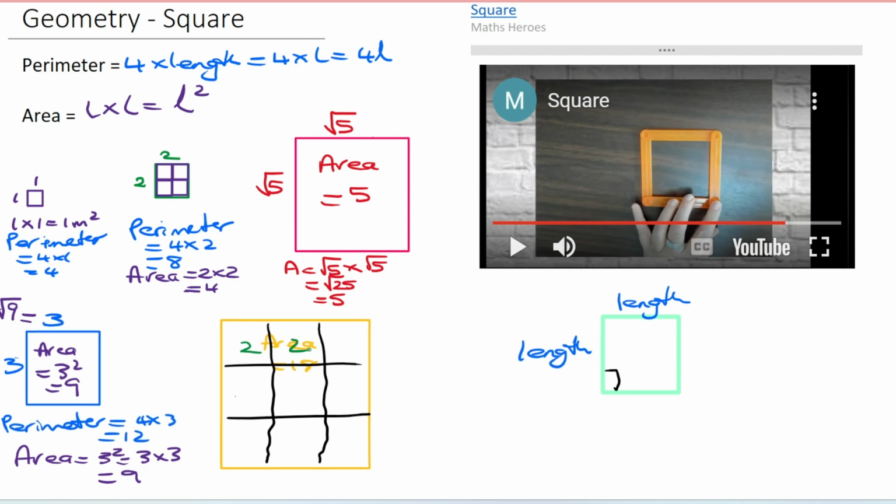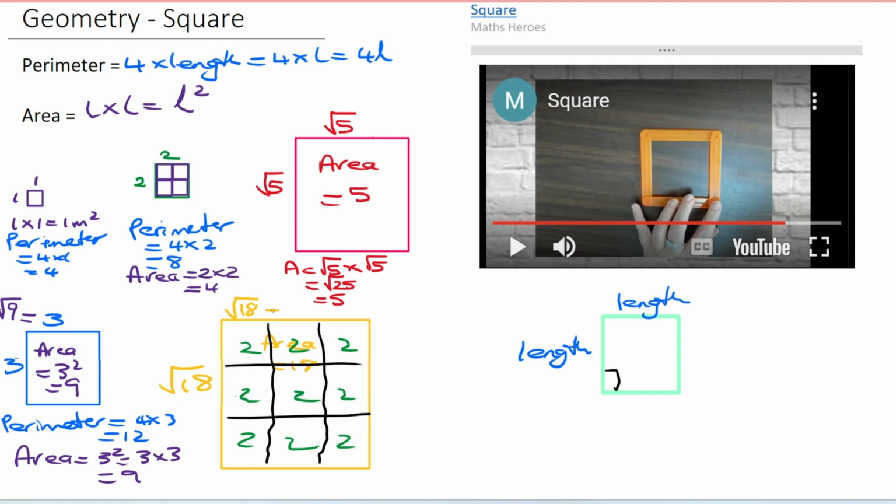So 2, 4, 6, 8, 10, 12, 14, 16, 18. So you can see my area. So what I actually want to know is the side length will be the square root of 18, right? So each side length is going to be the square root of 18.